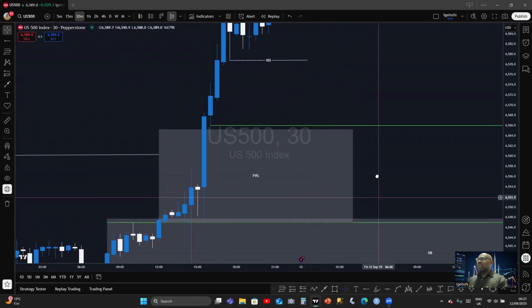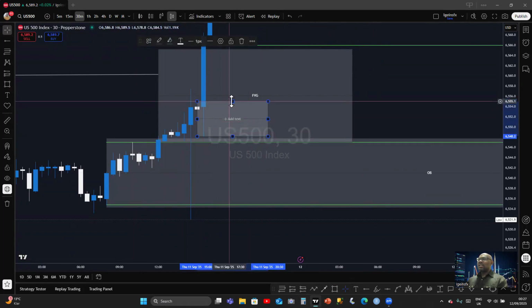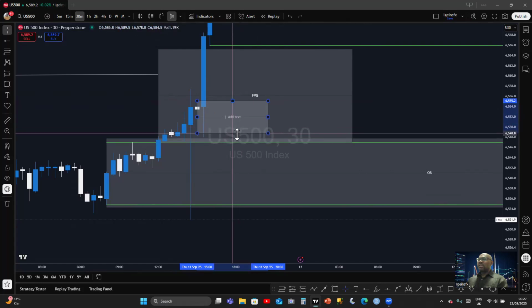On these 30 minutes, we can say this is the order block, and this is the last candlestick before this trigger.